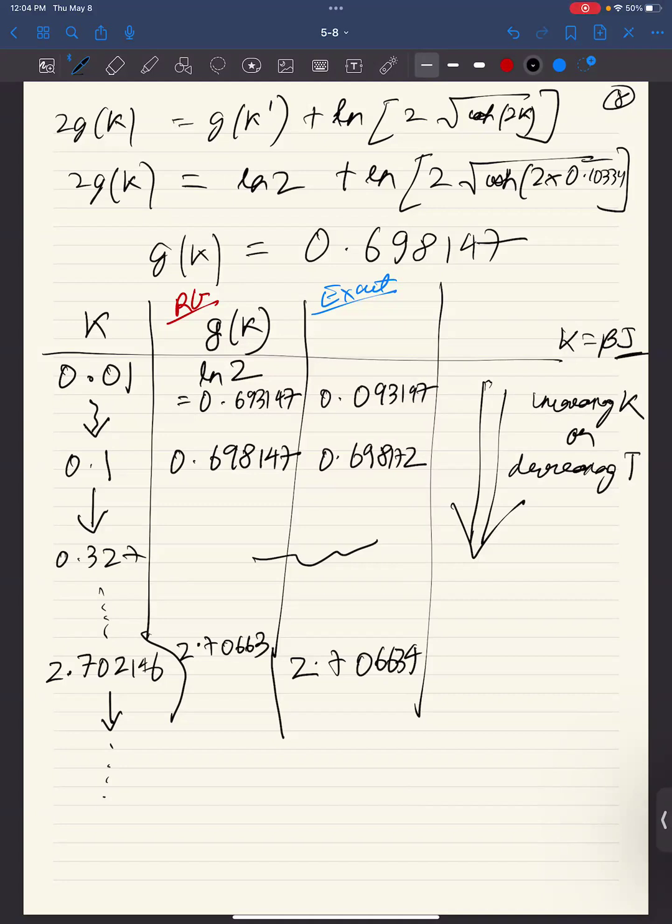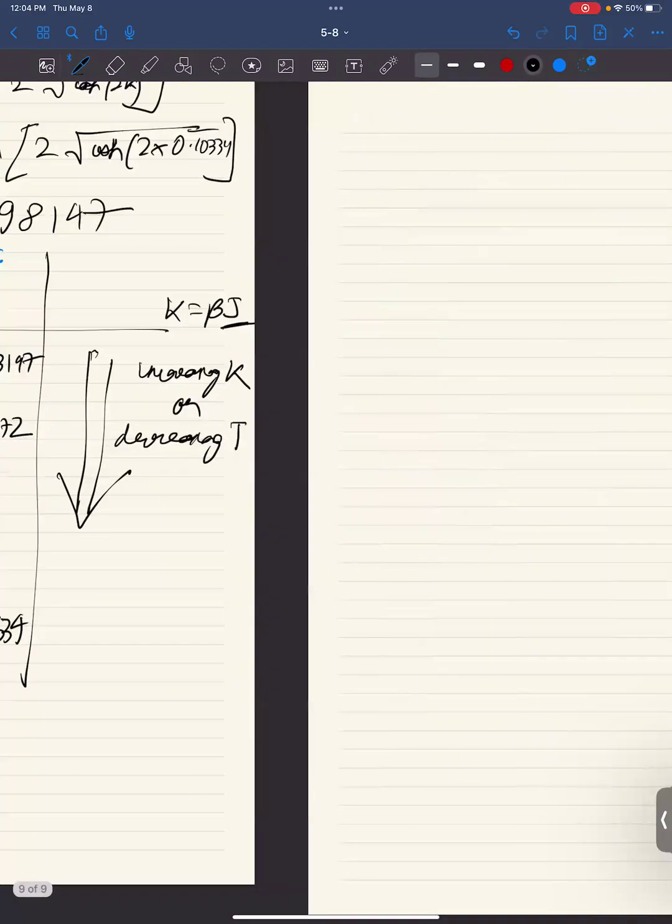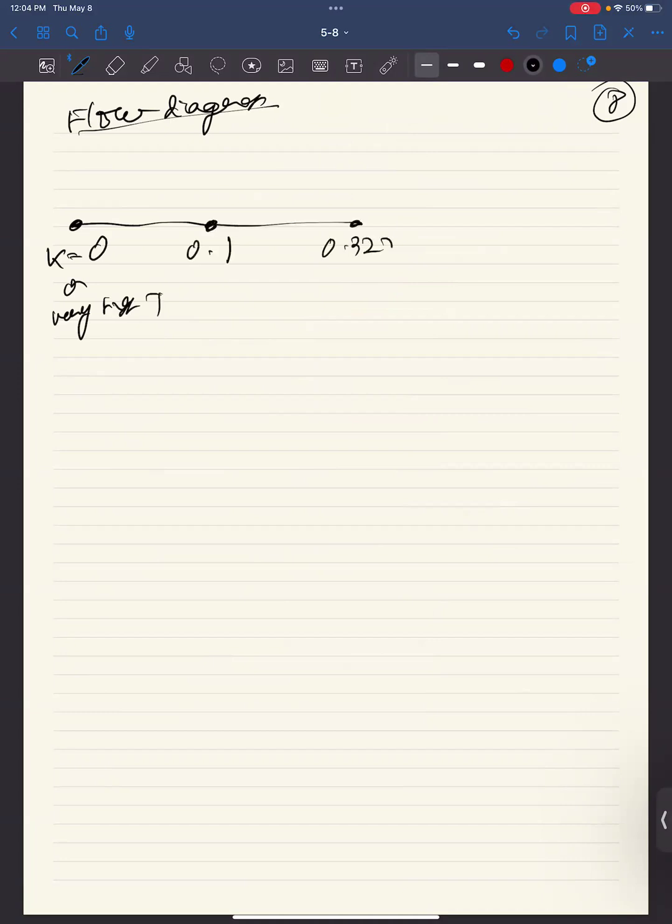So we could draw this in terms of a diagram, and in RG theory, people call this a flow diagram. So we started with K is equal to 0 or very high temperature, and that got us to 0.1, that got us to 0.327, and if you keep doing this operation, you can get to any value of K, very low temperature.